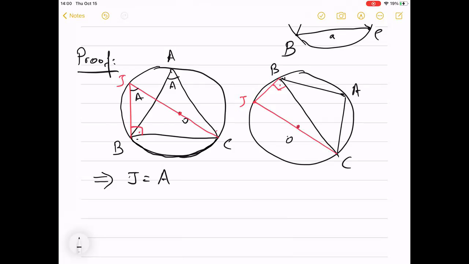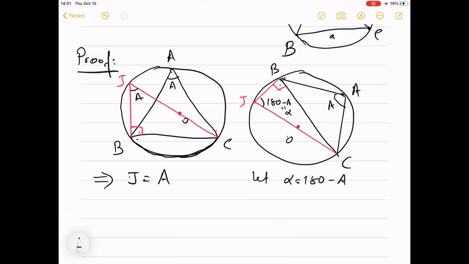In the second picture, we have a quadrilateral, so if this angle is A, that angle is 180 minus A. Let's call this alpha, so let alpha be 180 minus A.